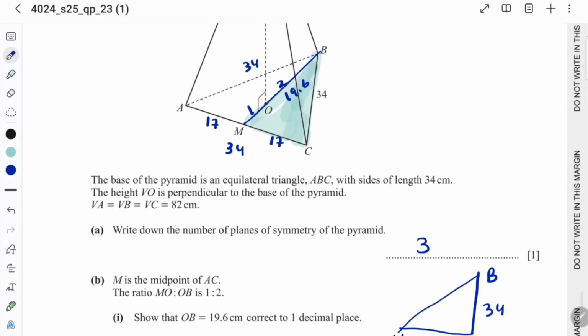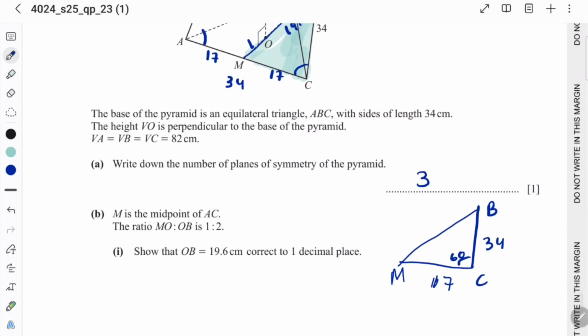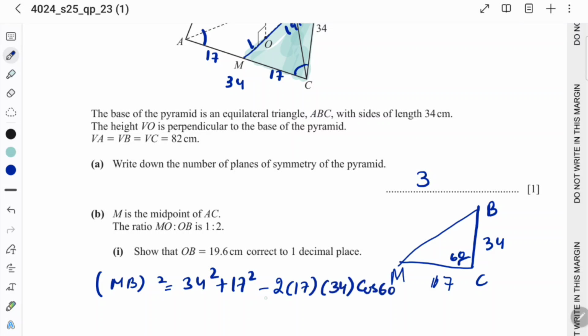And we know that they all are 60 degrees each because of the equilateral triangle. So for MB we'll use the cosine rule. MB squared is equal to 34 squared plus 17 squared minus 2 times 17 and 34 cos of 60. Calculate and find the square root of it.